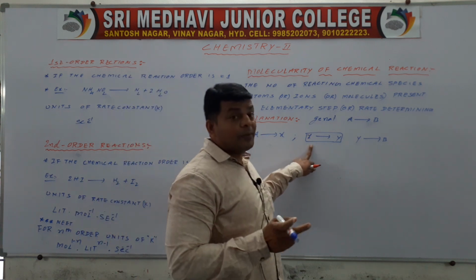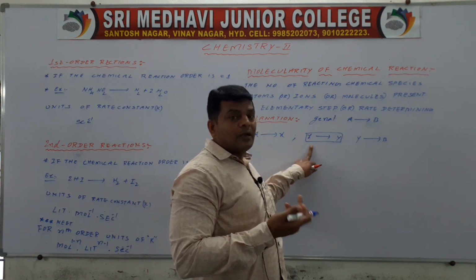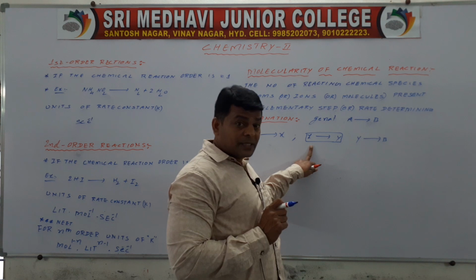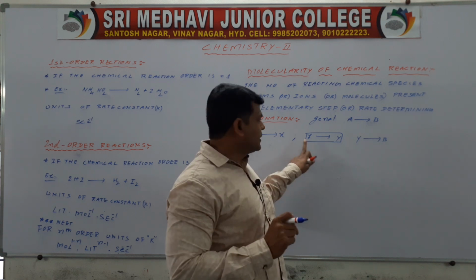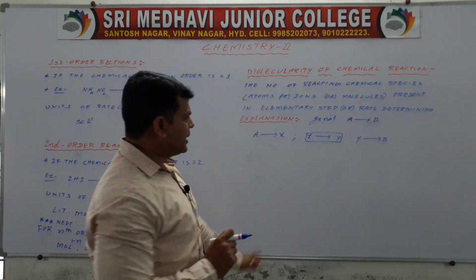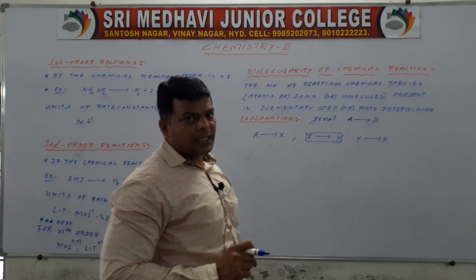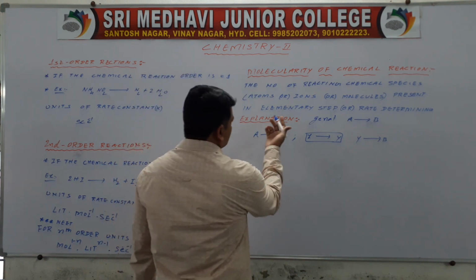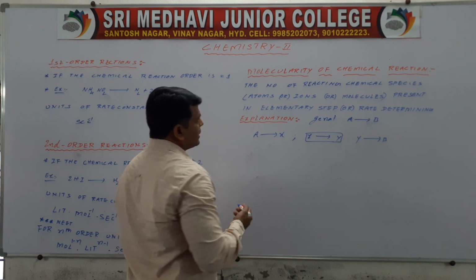In this, how many atoms, molecules or ions are present, this is nothing but the molecularity of a reaction. So X to Y, how many? 1, means this is a unimolecular gaseous reaction.